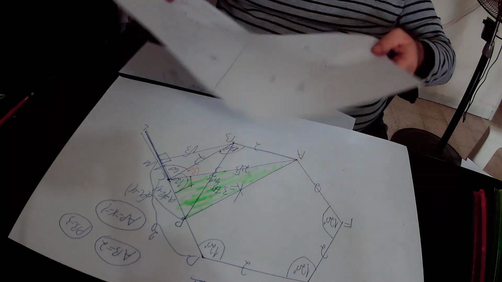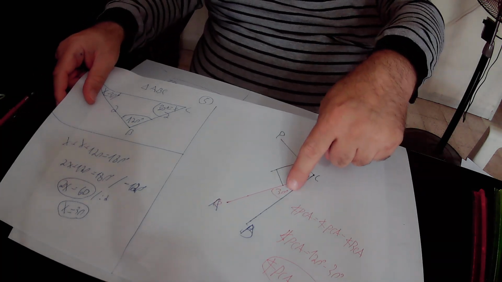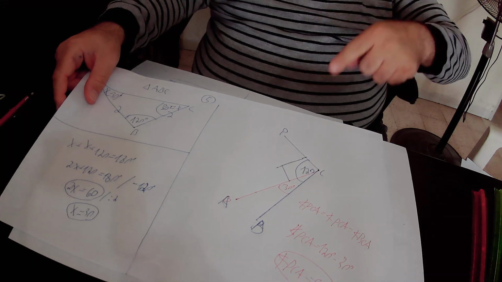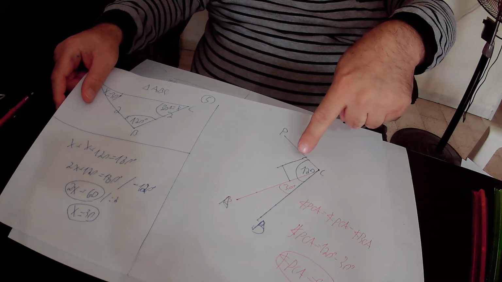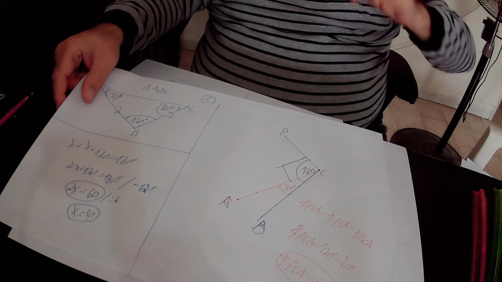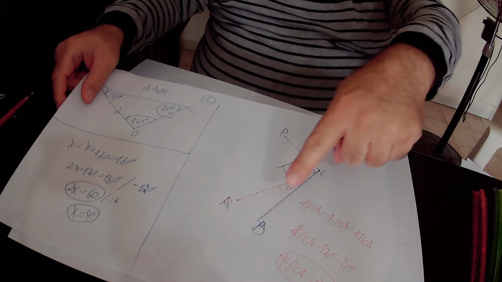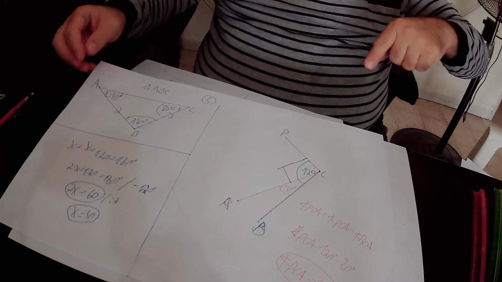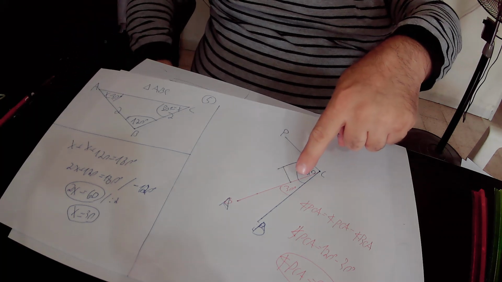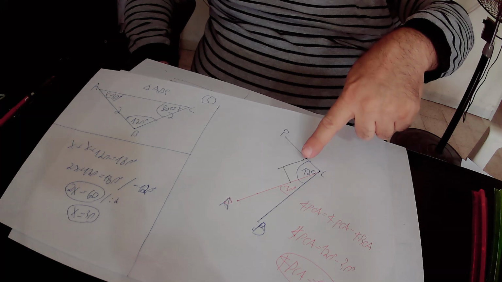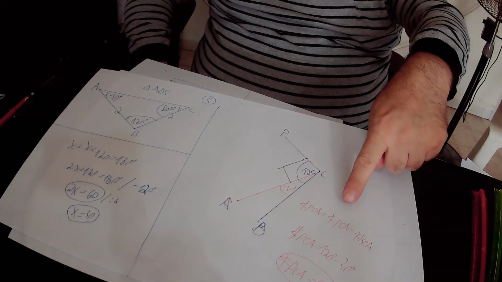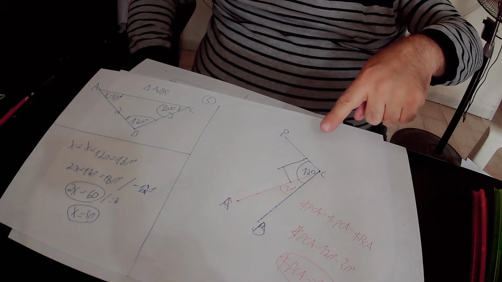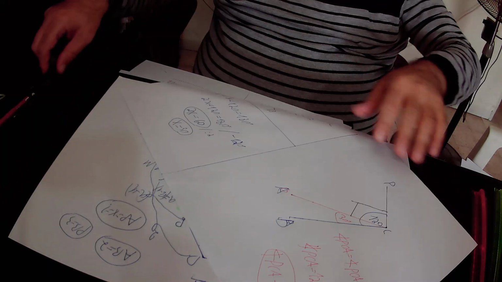Therefore, the missing angle, that is angle PCA, equals the big angle PCB minus the small angle ACB. Repeat again, the missing angle, that is angle PCA, will be equal to the big angle, that is angle PCB.